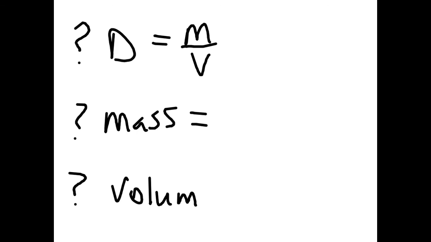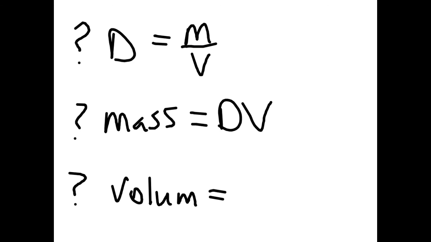What does mass equal? Take V here, and where do I move it? I move it up top, so it's on the bottom, so I have to move it up top to the other side to get mass all by itself, right? So mass equals density times volume. What does volume equal?